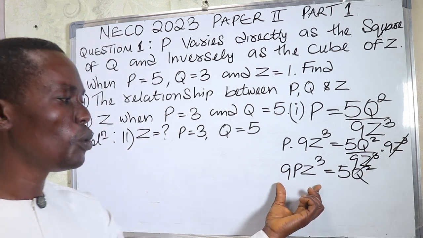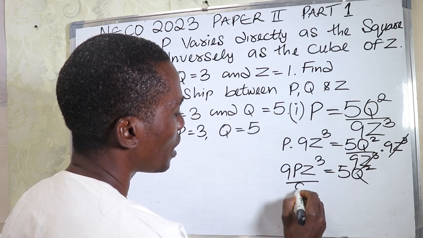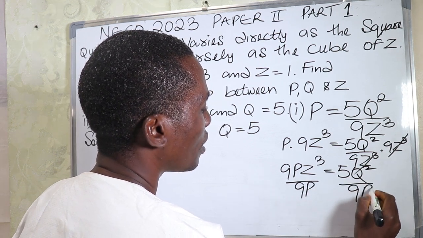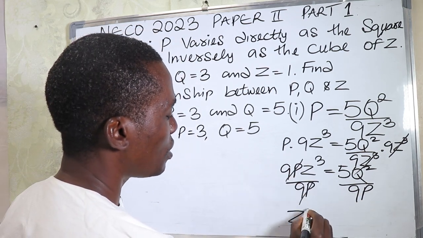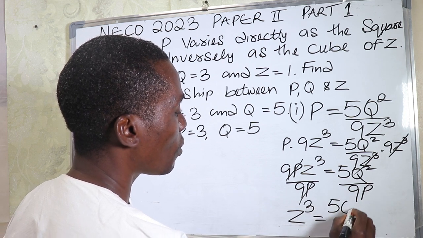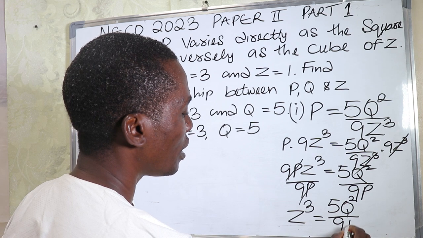We want z cubed to be the subject of formula, so we can divide both sides by 9p. If we divide both sides by 9p, 9p clears off 9p and we'll have z to the power of 3 equal to 5q squared divided by 9p.